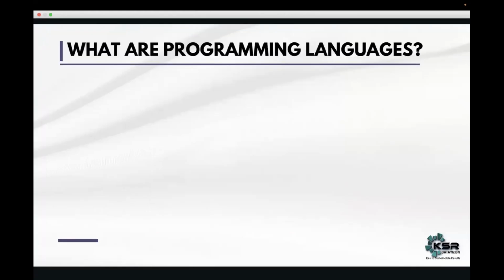So let's start. What is a programming language? Anyone in the class, can you answer? Can you give an example of one or two programming languages? Anyone? So I will just see a few participants. Vamsi, can you tell me one example of a programming language? Any one example.